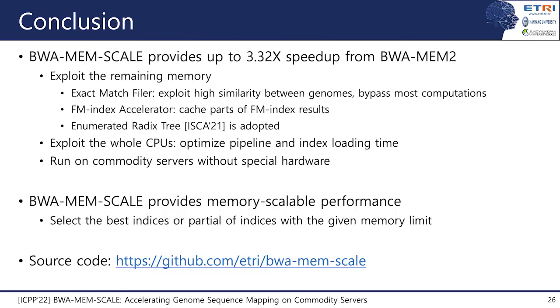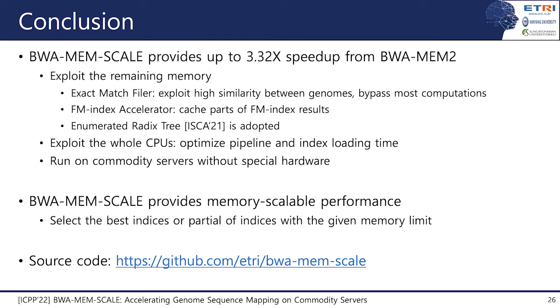Let me conclude this presentation. In this presentation, I present BWA-MEM-SCALE, which accelerates the widely used genome sequence mapping program BWA-MEM-2 by up to 3.32 times. It exploits the remaining memory in the system by exact match filter, FM index accelerator, and enumerated radix tree, and exploits the whole CPUs by optimization techniques and in-memory index store.